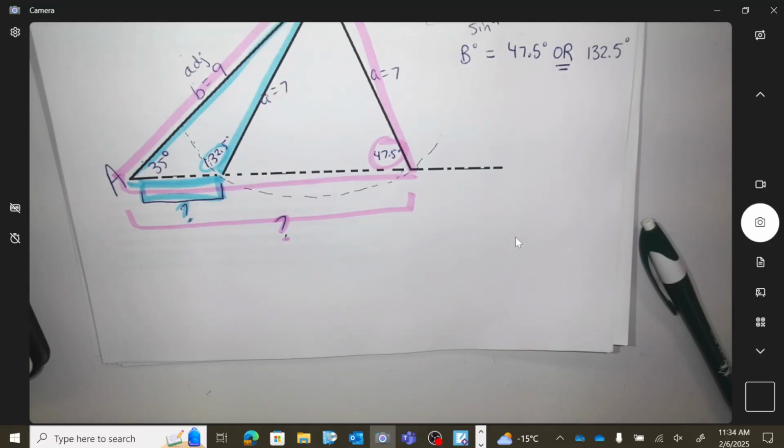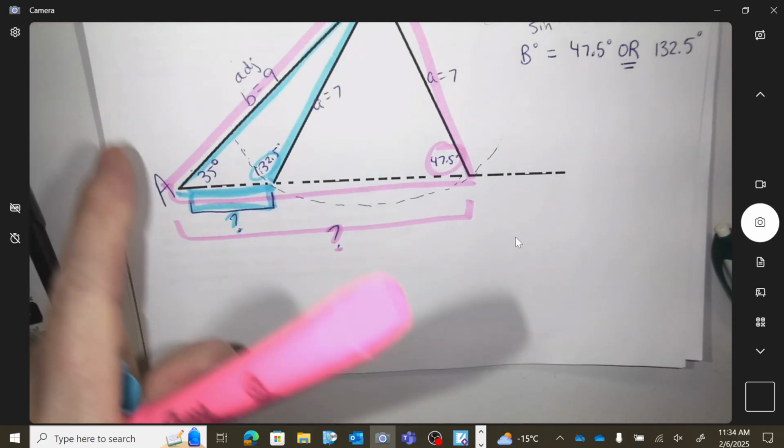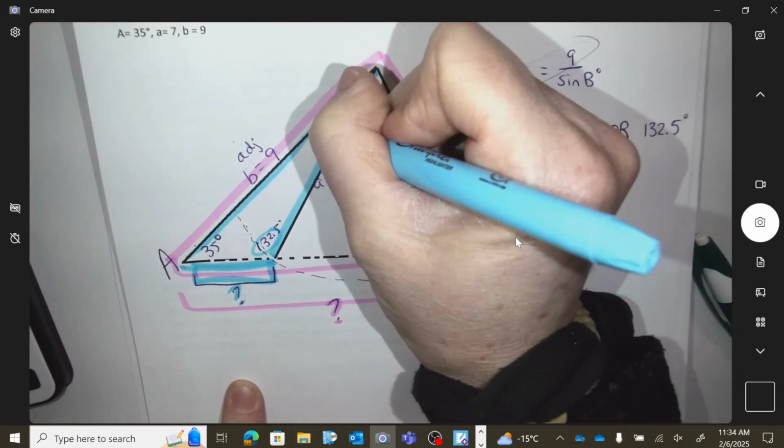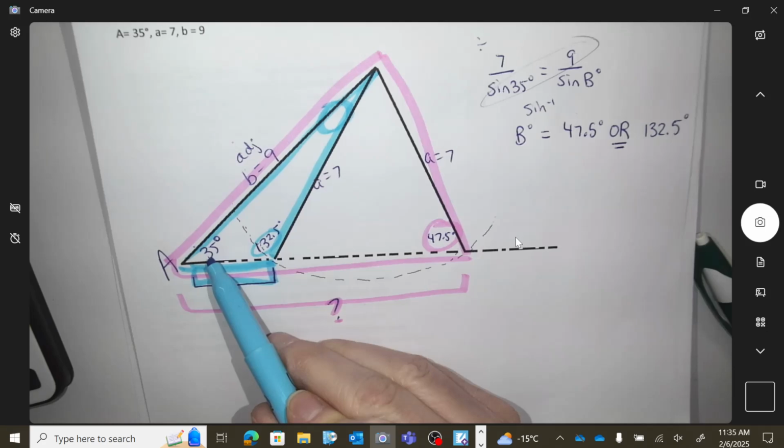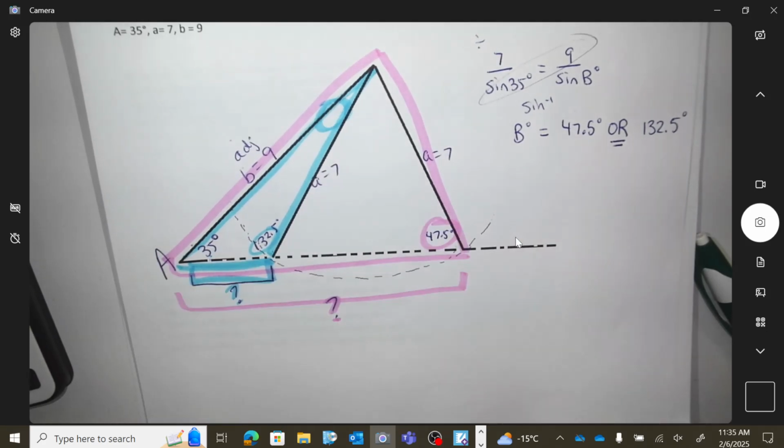Okay, now we are going to finish. I'm going to go with the blue triangle here. Okay, you have a blue angle here, you have a blue angle here. Can you get me the last of the blue angles?